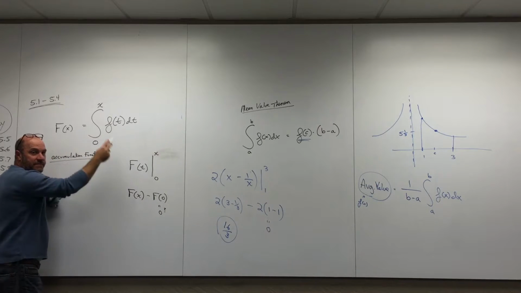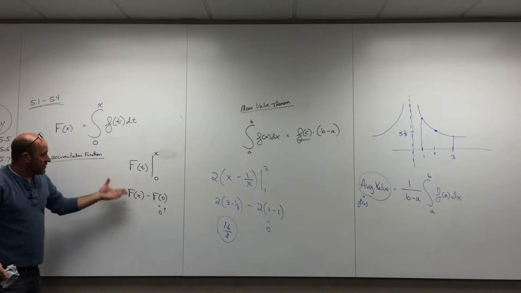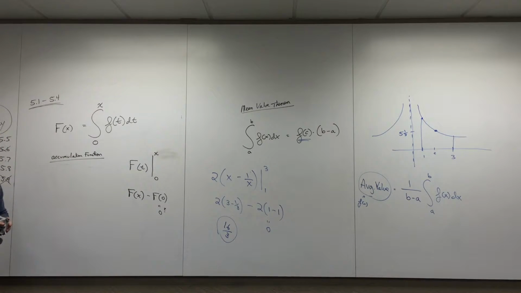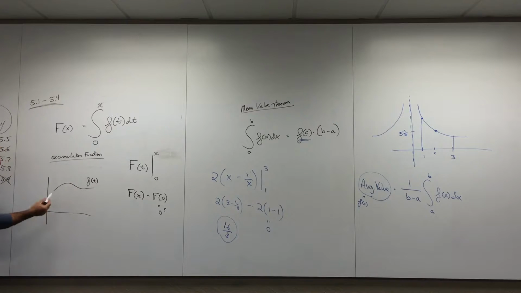Are you guys with me? You integrate with respect to t, and then you would plug in the x. So you get some function of x. And what it's kind of like is, again, this is the area under a curve. This is my function. It's the area under the curve, this time from 0 to where? From 0 to x. See, so it's kind of like this upper bound can be a variable.